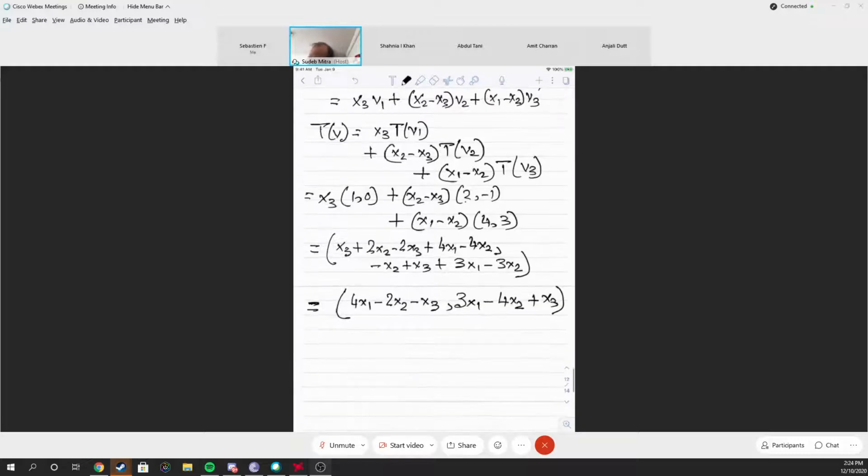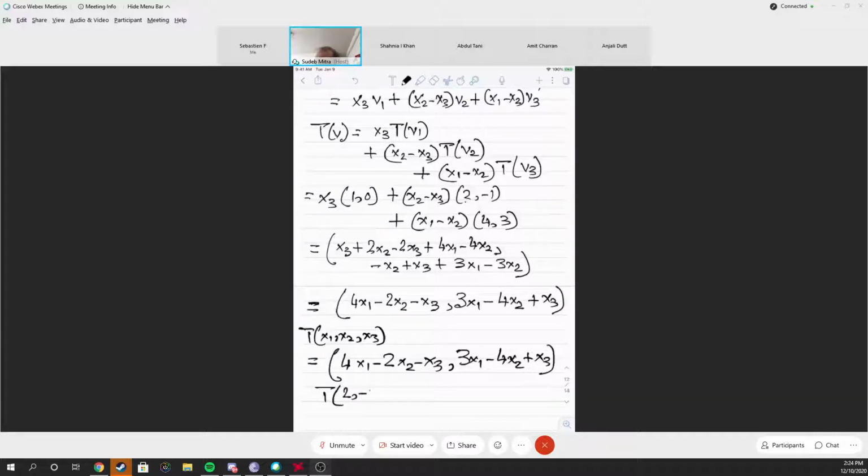So the answer is T of x1, x2, x3 is exactly what I just found out: 4x1 minus 2x2 minus x3, comma, 3x1 minus 4x2 plus x3. And what is it that I wanted to find out? T of 2, minus 3, 5.